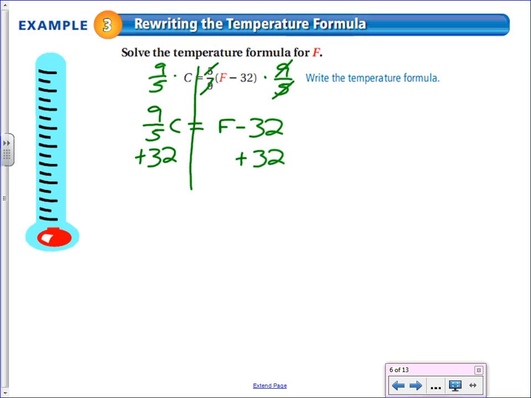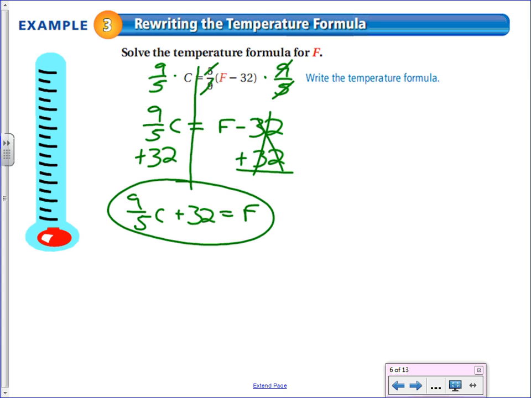When I do that, 9/5 C and 32, again, I do not have like terms. So 9/5 C plus 32 is going to equal F because the negative 32 and positive 32 cancels off, leaving me with my final answer of 9 over 5 C plus 32 equals F.